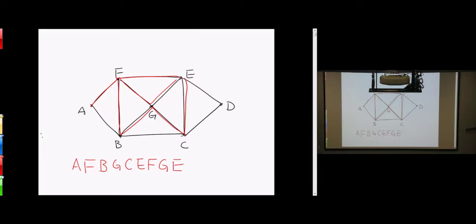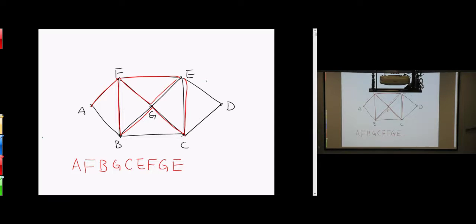So we have 1, 2, 3, 4 edges missing, right? So just pick your favorite edge from the 4. Give me an edge. You know what I'm asking, right?